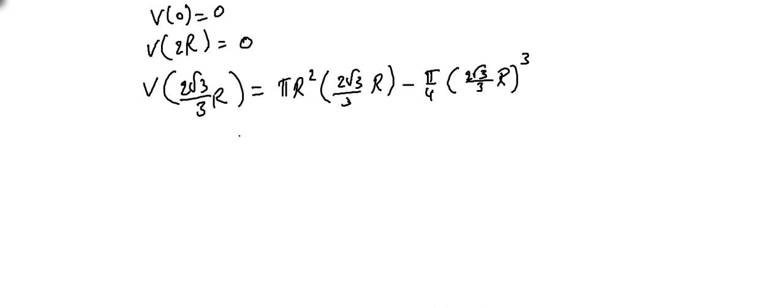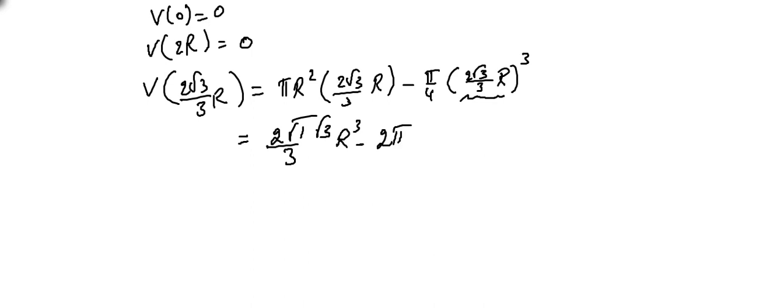That will be equal to 2 pi radical 3 over 3 R cubed minus, we cube this value here and we end up with 2 cubed is 8 divided by 4, it's 2.